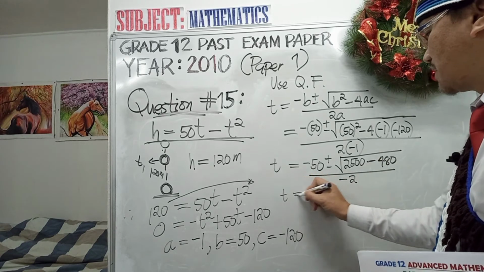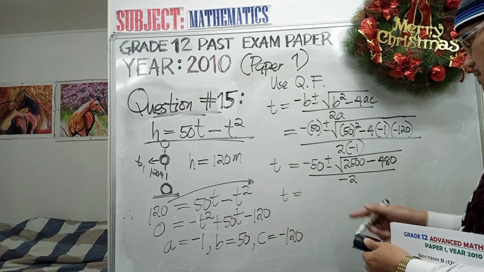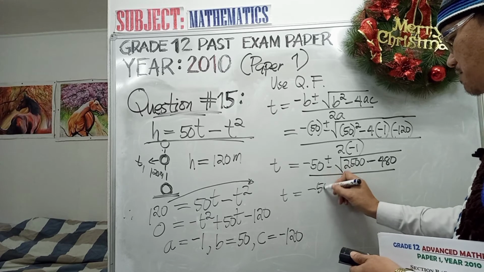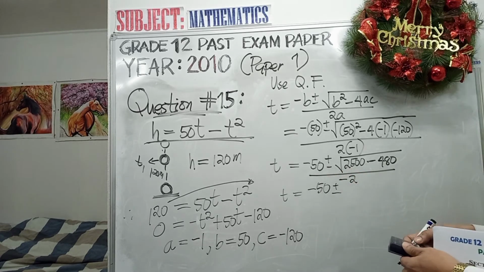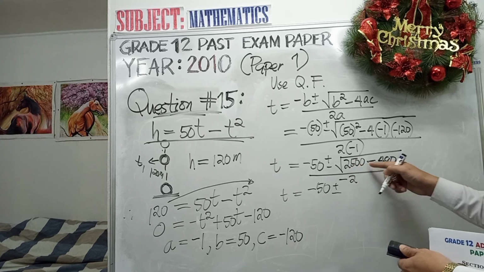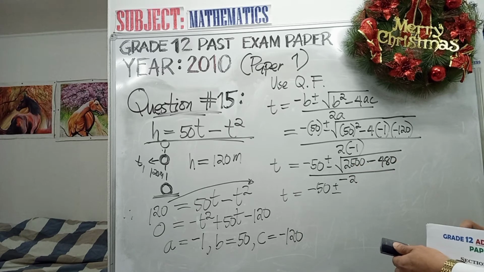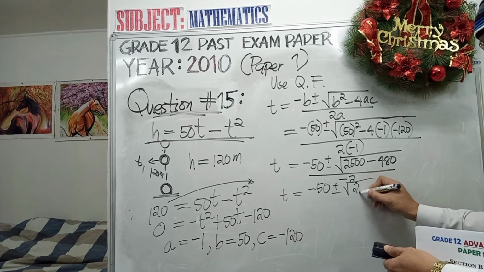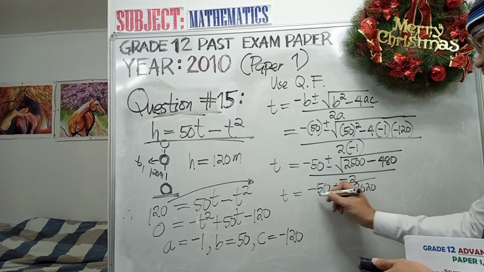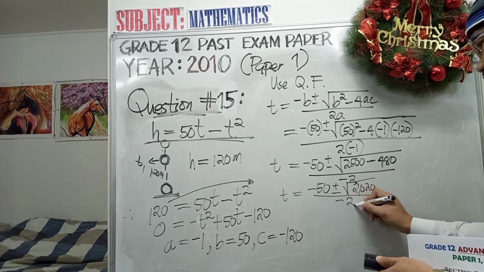So our t now here is negative 50 plus or minus the square root of 2,500 minus 480. 2,500 minus 480 is equal to 2020, so the square root of 2020, divided by negative 2.